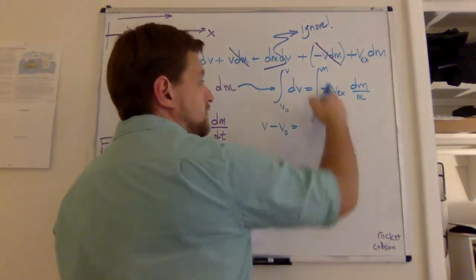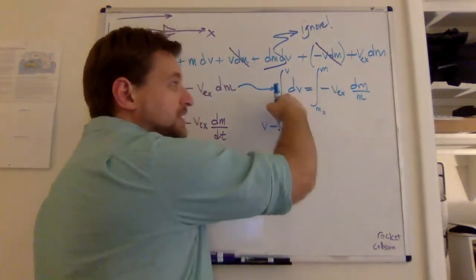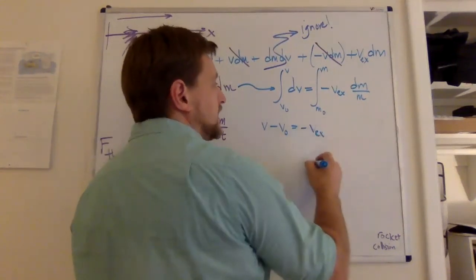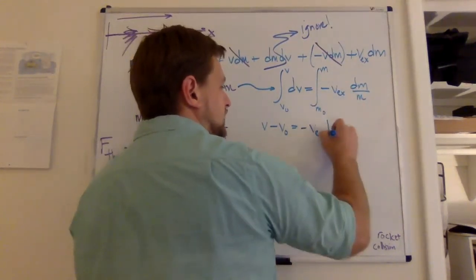On this side, the minus V exhaust, we don't need to move it over. It's not a variable, it's just a constant, so it's just hanging out there.